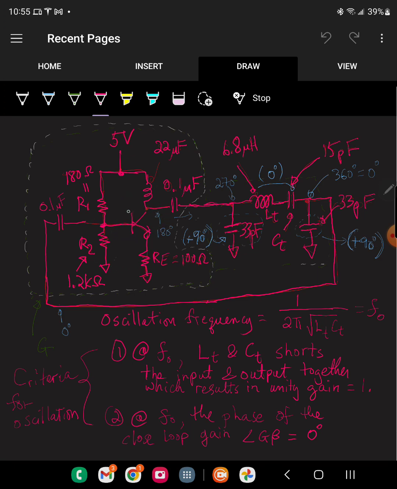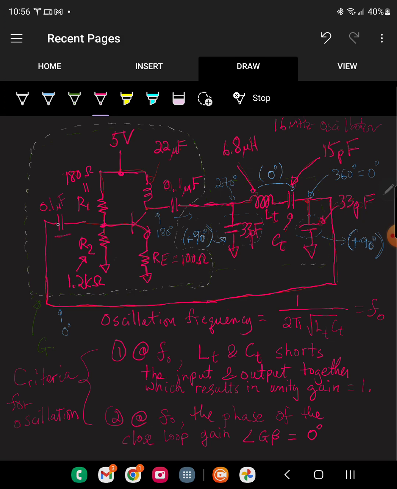It's just an NPN transistor with some bias resistors and a choke to prevent any RF from going through the supply rail, and two blocking caps, one at the input and one at the output. These are pretty large value caps. I'm trying to design an oscillator at around 16 megahertz. So this is a 16 megahertz oscillator.